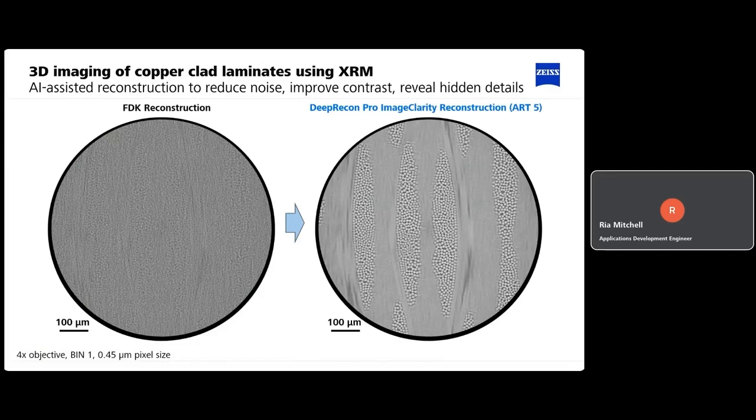So hopefully on the left-hand side, you can see a traditionally reconstructed FDK dataset, which obviously we can hardly see anything in. And once we've run it through the AI process, we start to pull out all of that really relevant information, strip out the noise, and then we can perform 3D analysis. So again, I've got another video on the next slide, which shows the 3D segmentation of some of these glass fiber bundles.